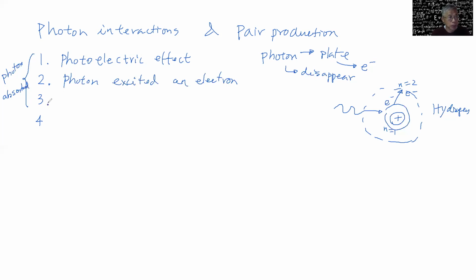And number three, it's pair production, which we will study here. So pair production will require a really high energy photon. Typically, it's a gamma. So gamma, say for example, the lambda is equal to 10 to the negative 3 nanometer, or 10 to the negative 12 meter, right?